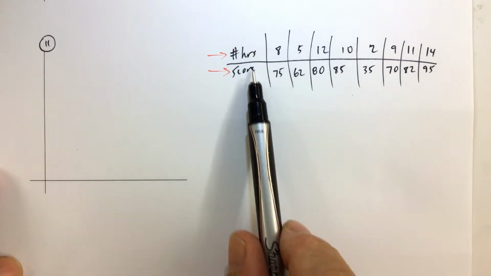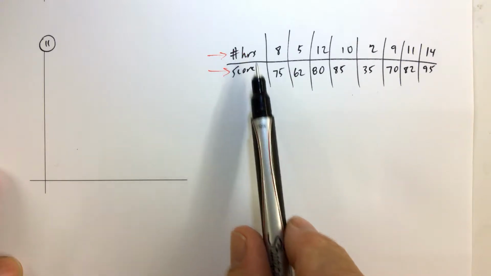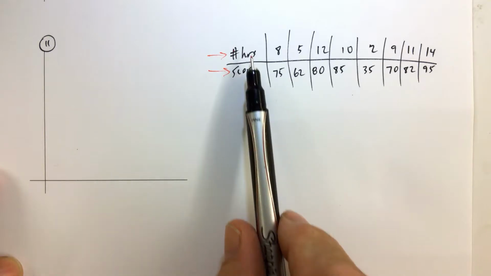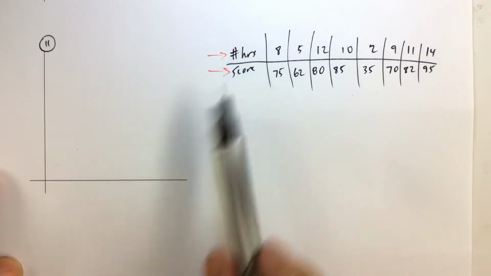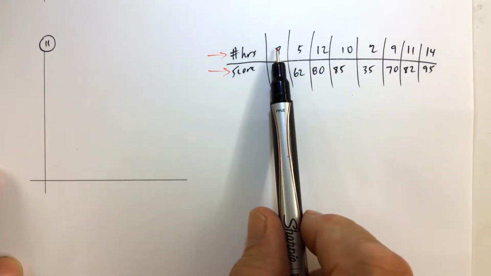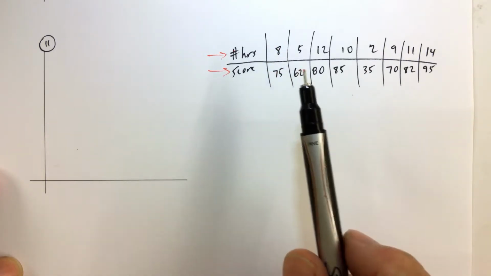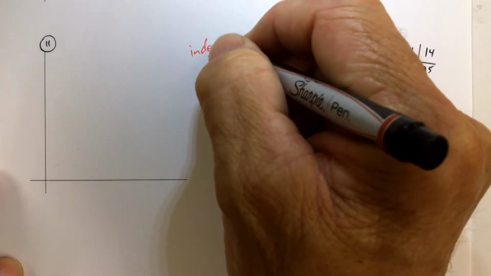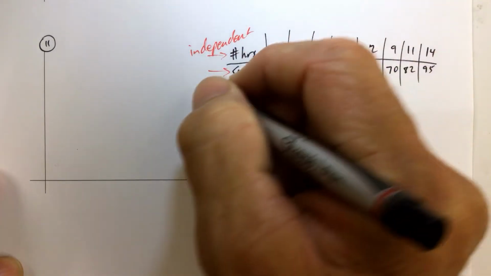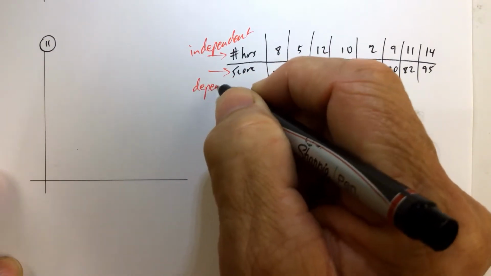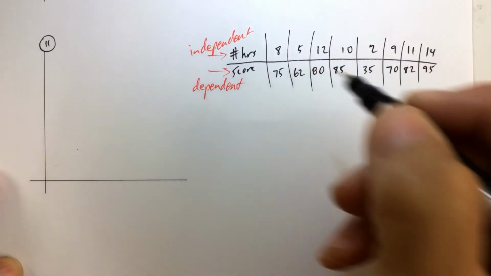Does the number of hours depend on your score, or does your score depend on the number of hours that you studied? Which comes first? The number of hours you studied comes first, your score comes after, so the number of hours that you study is your independent variable. And your score, which depends on the number of hours that you studied, would be your dependent variable.